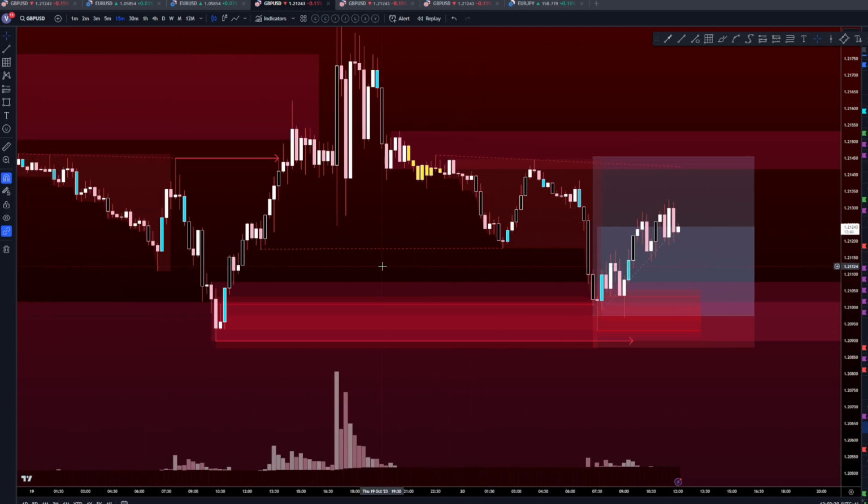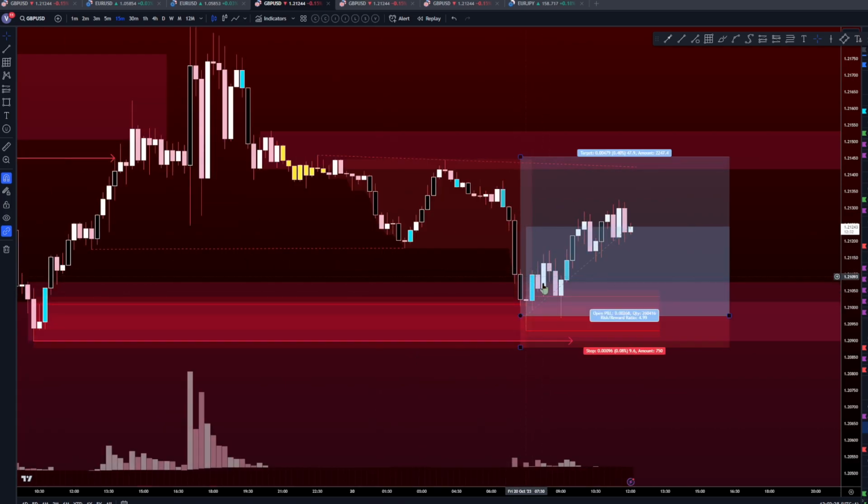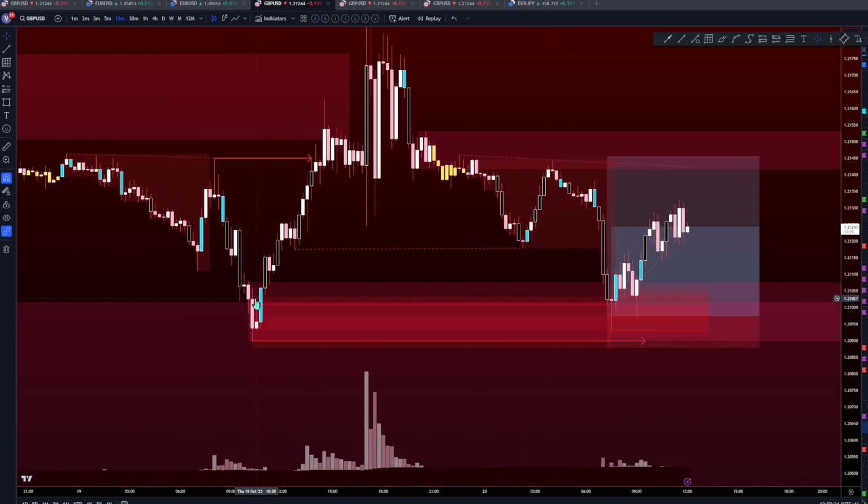You'll notice, guys, and you may notice a lot in my analysis, that we don't give a damn about structure breaks. So you can see that there was no structure break here, and we like to get involved from this region. And that is because, unlike other S&C traders or supply and demand traders or even ICT traders, we know as a community that imbalance is the cause, structure is the result, and not the other way around.